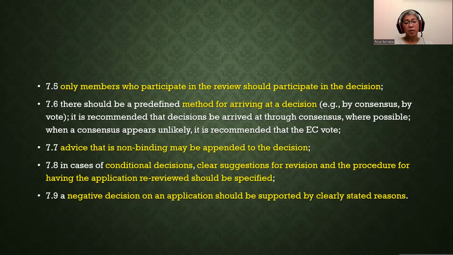So that the revised application can be done sufficiently. A negative decision on the application should be supported by clearly stated reasons, right? So an ethics committee should not reject an application without a clear reason why.